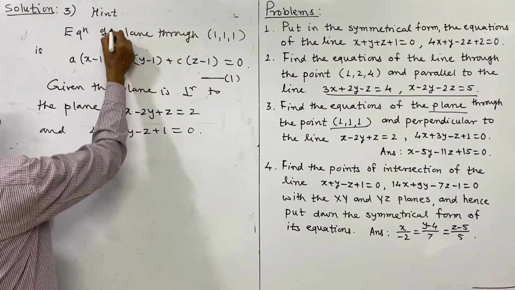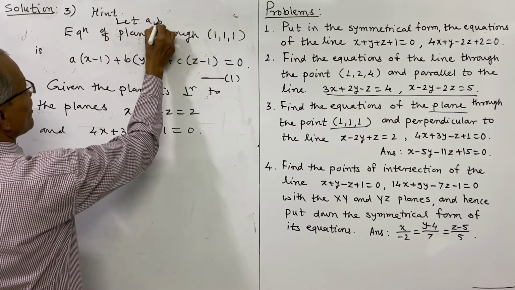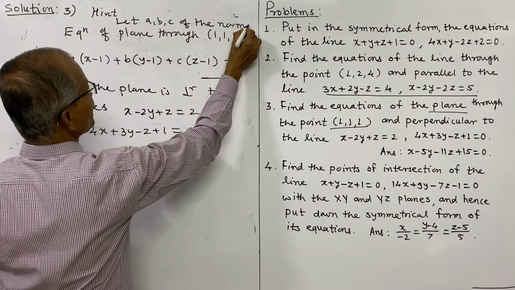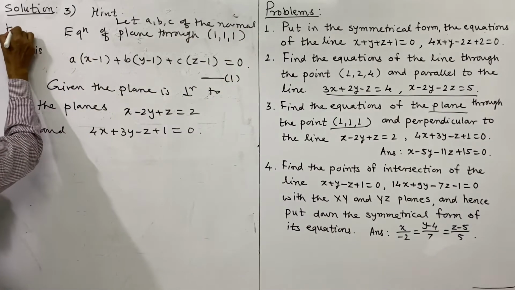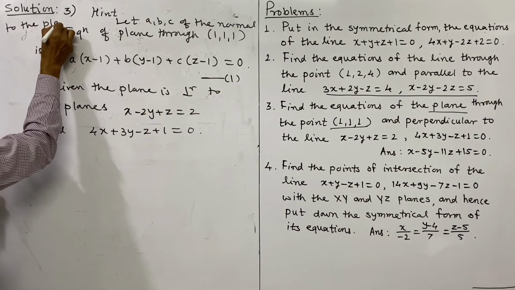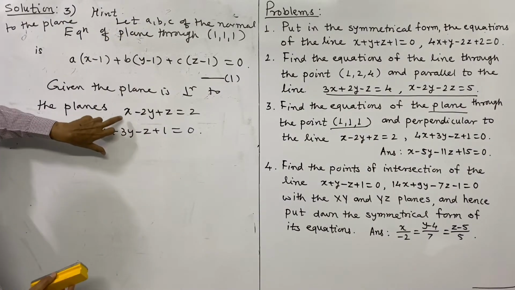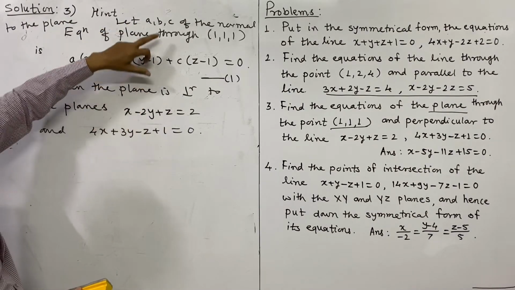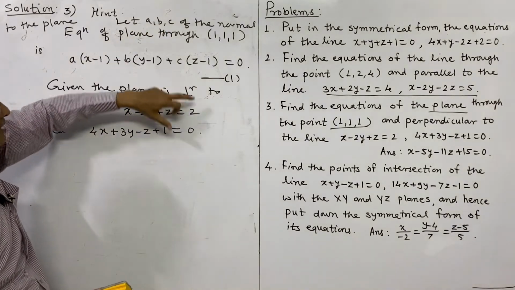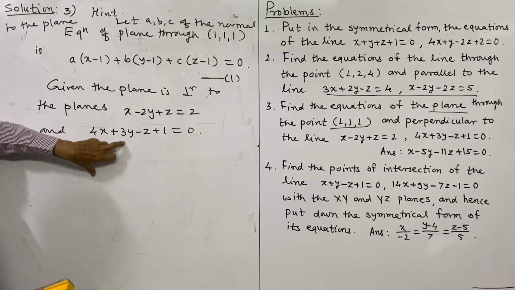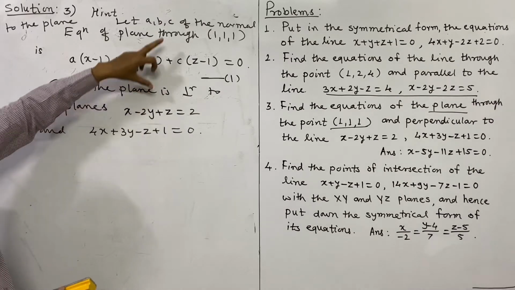And here let a, b, c be the DRS of the normal to the plane. Use the condition of perpendicularity for this. That is, we will have 1 into a plus minus 2 into b plus 1 into c is equal to 0, and then 4 into a plus 3 into b minus 1 into c is equal to 0.